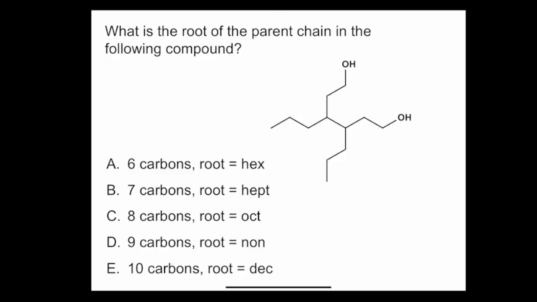So on this example, how many carbons in the longest chain? Everybody all together, A, B, C, D, or E? I got C, and we got A. That doesn't feel good, right?